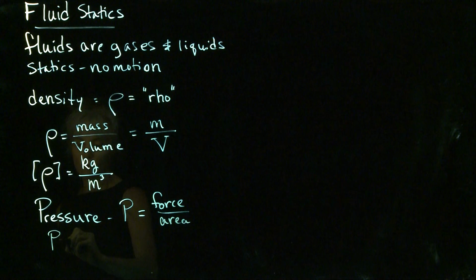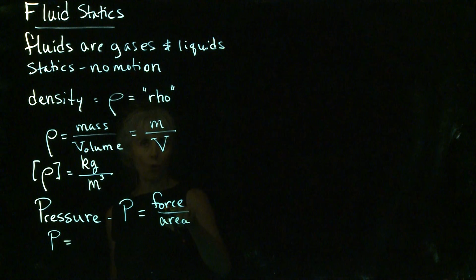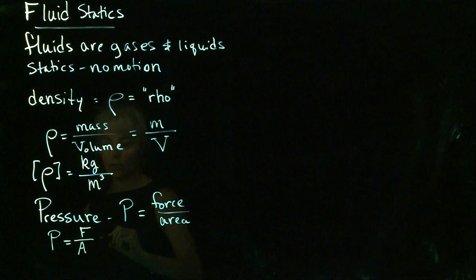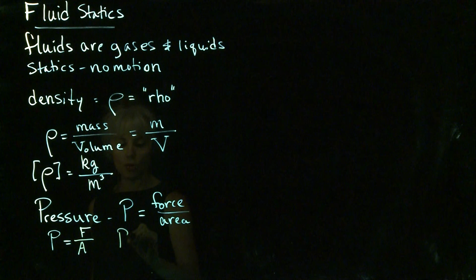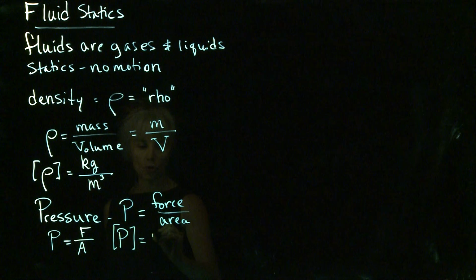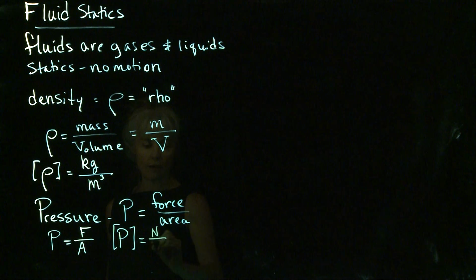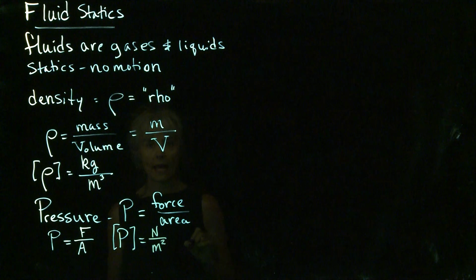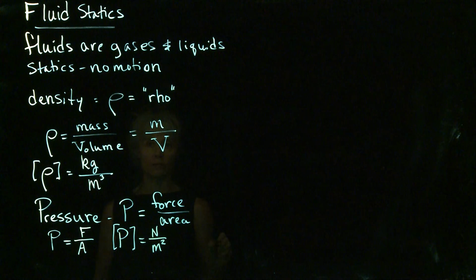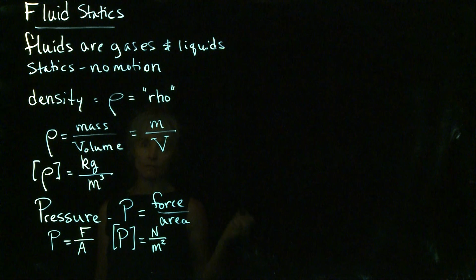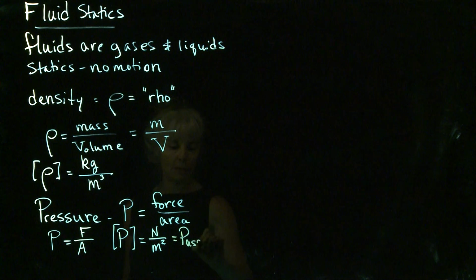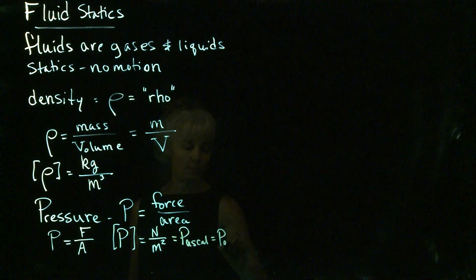So pressure in symbols, force, symbol F, divided by area, symbol A. So force per unit area, and the units standard in the metric system for pressure are going to be the units for force, which are a Newton, divided by the units for area, which is a meter squared, and paying tribute to Pascal, who was a scientist that contributed quite a bit to the field of fluid statics and fluid dynamics. We're going to abbreviate this Pa, but this is going to be a Pascal and abbreviated Pa.